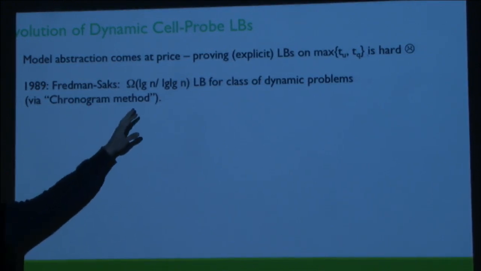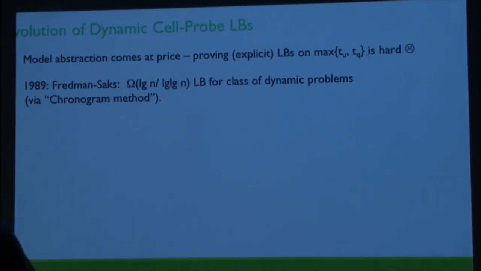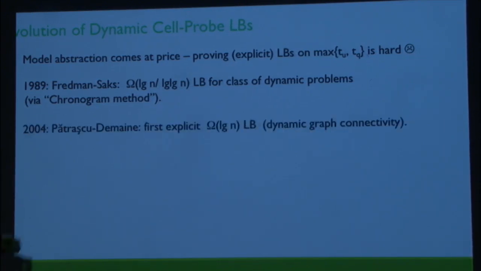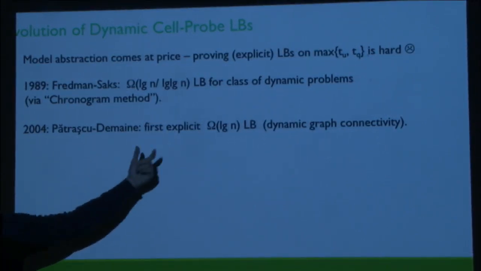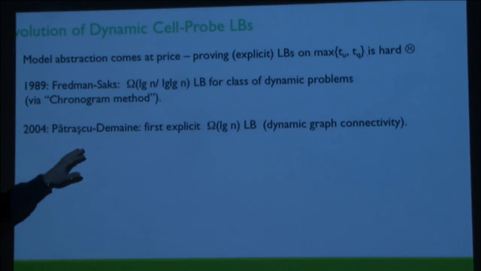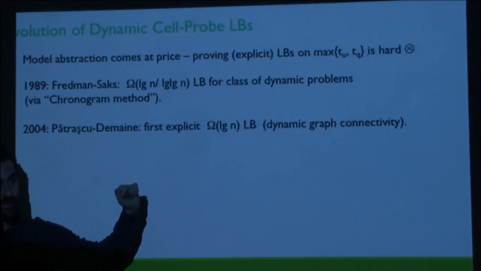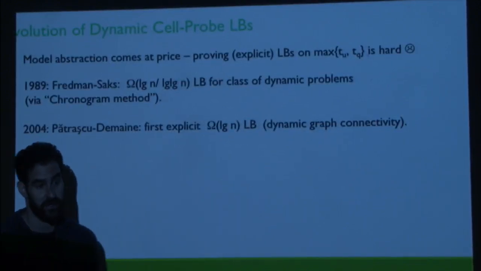They used it to prove the first log n over log log n lower bound on either the query or update time of a big class of explicit data structure problems. It wasn't until 2004 that Pătrașcu and Demaine managed to shave off this log log n factor. That was kind of a big deal, so you should understand how desperate the field is. They proved the first explicit log n lower bound by the information transfer technique. This was for the graph connectivity problem, so it was actually a decision problem.